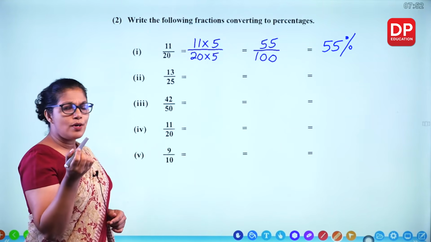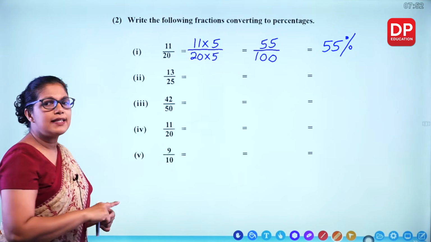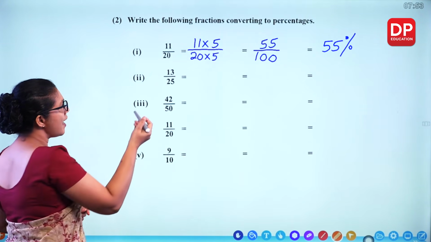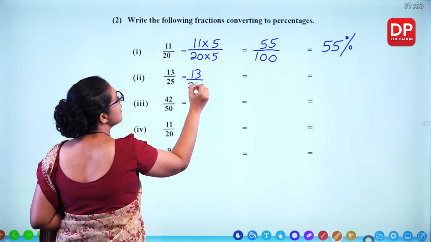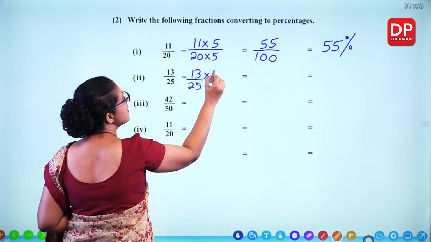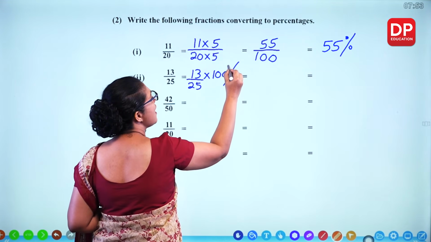I can do it with another method. Without finding the equivalent fraction, I can multiply this by 100, and in order to get no difference, I'm dividing by 100 as well.